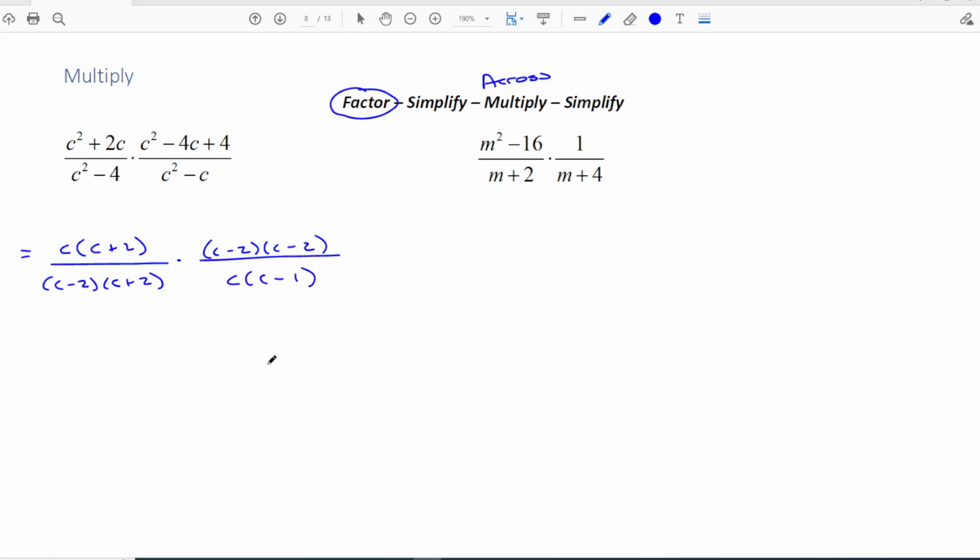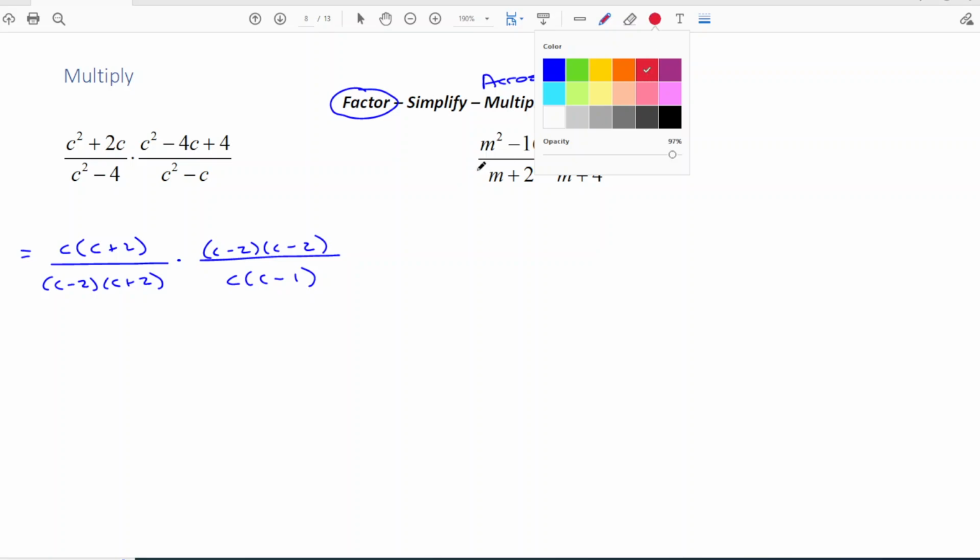Now, when you're looking to see if you can simplify, because this is a multiplication, this is c times c plus 2 times c minus 2 times c minus 2, divided by c minus 2, divided by c plus 2, divided by c, and divided by c minus 1. You're allowed to do this division and multiplication in whatever order you want because it's all multiplication and division.